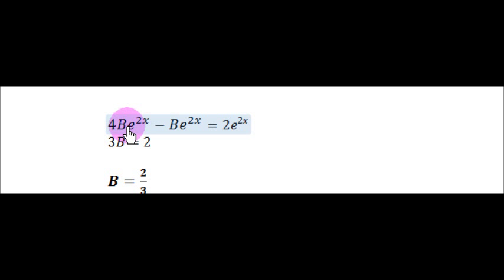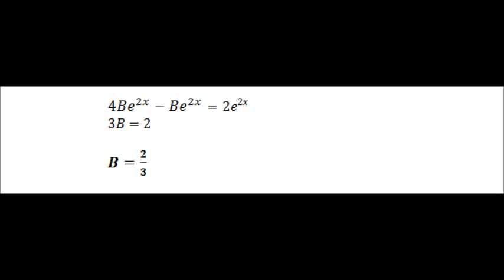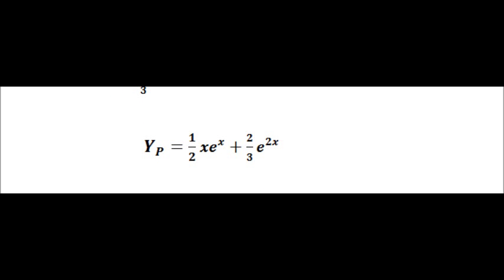So 4 minus 1 is 3, cancel all the e to the 2x, so 3b equals 2, and we have the value of b, which is 2/3. And now for our yp, just substitute the values of a and b. So yp will now be equal to 1/2 x e to the x plus 2/3 e to the 2x.